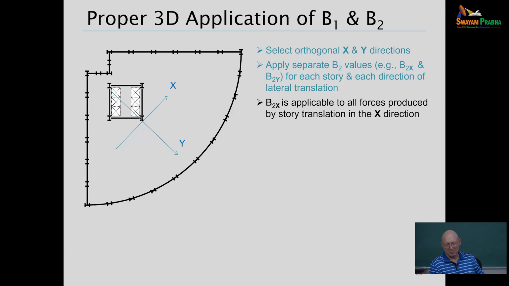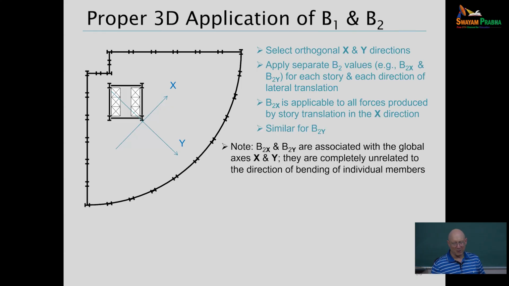B2 capital X applies to all forces produced by story translation in the X direction. B2 capital Y would apply to all the forces produced by story translation in the Y. And notice in a structure like this, B2 capital X and B2 capital Y are associated with the global axes that we've just selected, X and Y. That's completely unrelated to the axis of bending of the individual members.